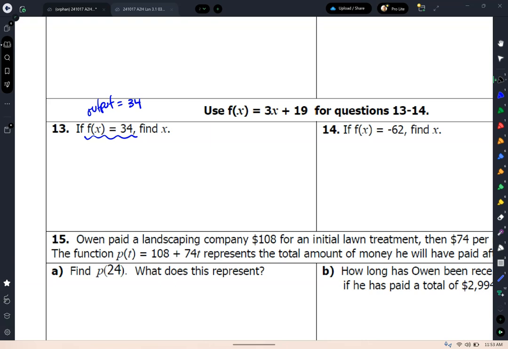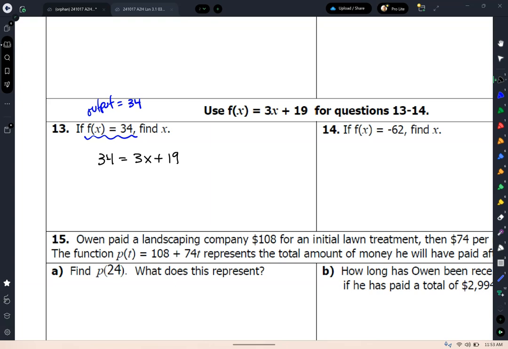Well, if we're using the above equation and this right here is the output and the output equals 34, then we should just be able to go output equals 3x plus 19. Right? This time we're starting with the y and we're going backwards to find the x.